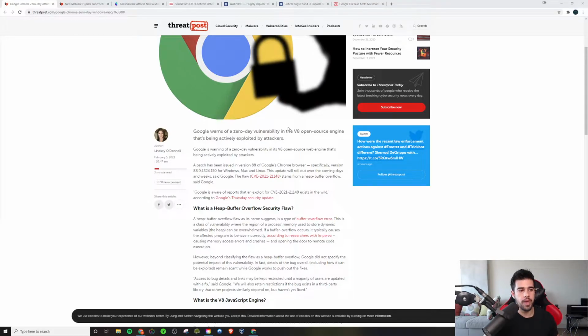So if they don't manage their memory properly, you will see buffer overflow. Time and time again, we have seen buffer overflow type attacks in Google Chrome for this reason.